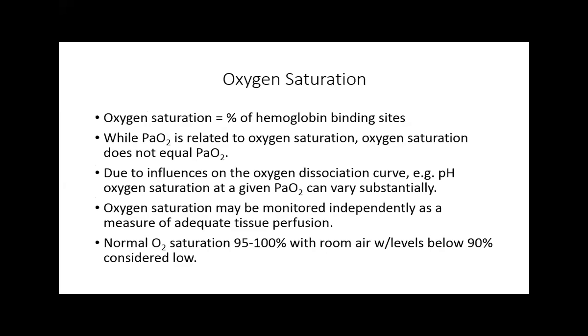Oxygen saturation is related to PaO2, but it's not the same as PaO2, because the saturation is dependent on hemoglobin as well as the amount of oxygen it is exposed to through ventilation. For oxygen saturation, we're looking at the percent of hemoglobin binding sites that are occupied with oxygen.